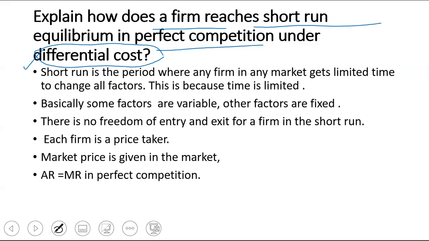The question is the same. Short-run is the period where a firm in any market gets limited time. I told you, short-run is the period where the time is limited to change all the factors. So some factors are variable, some factors are fixed. This was already explained. Some factors are variable, others are fixed. Now the most important point, write this point in your book.